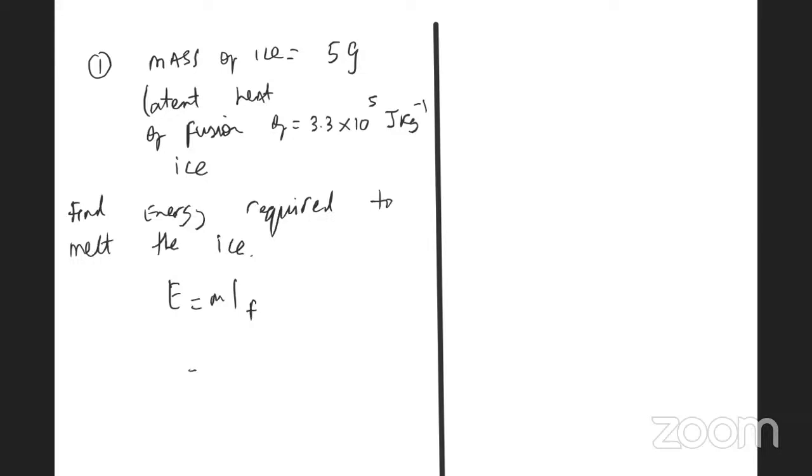What do we do with the mass? The mass is 5 grams, right? Sahara, what do we do with the mass? Look at a little hint here. The mass is in grams.